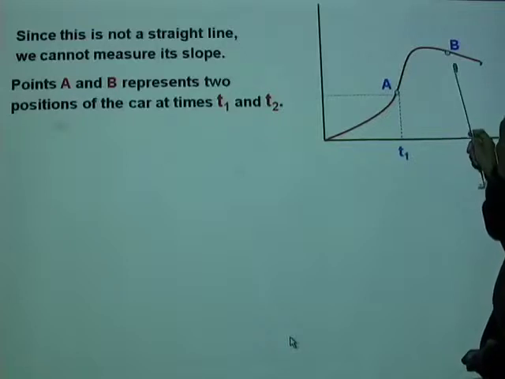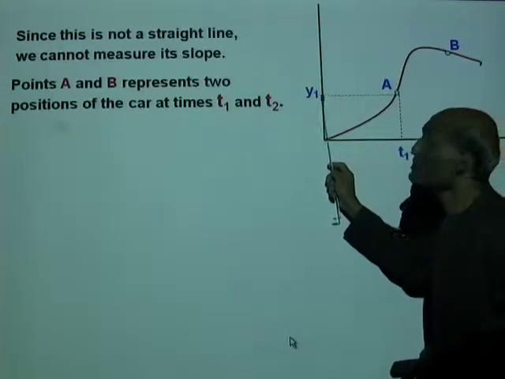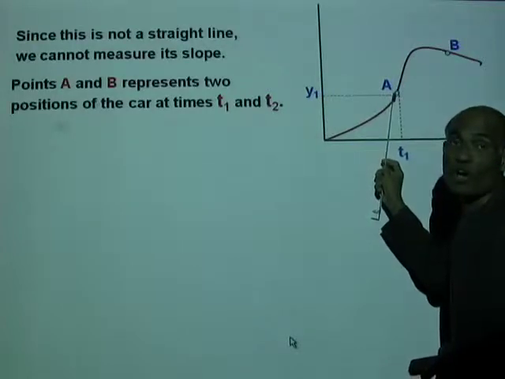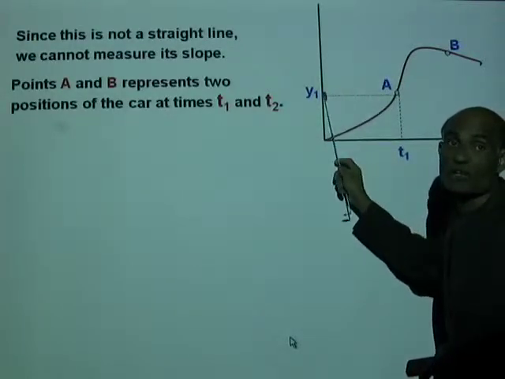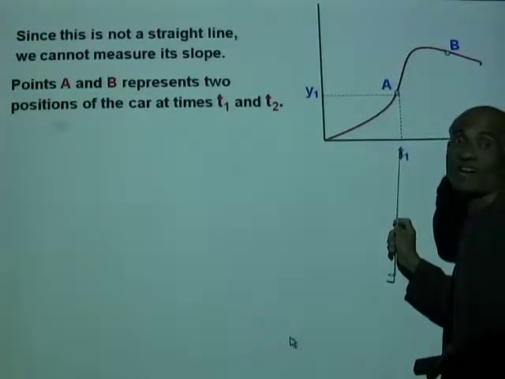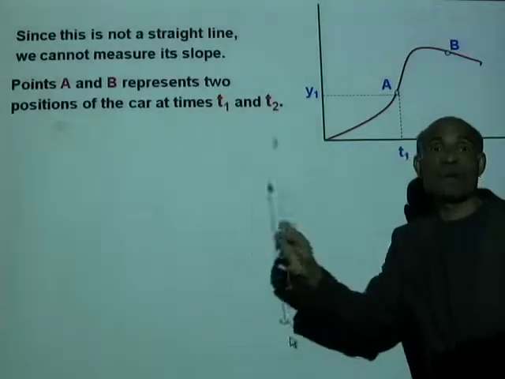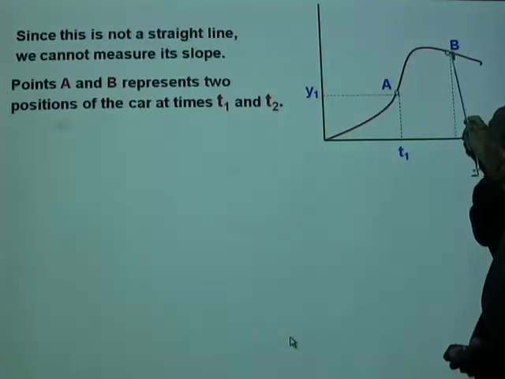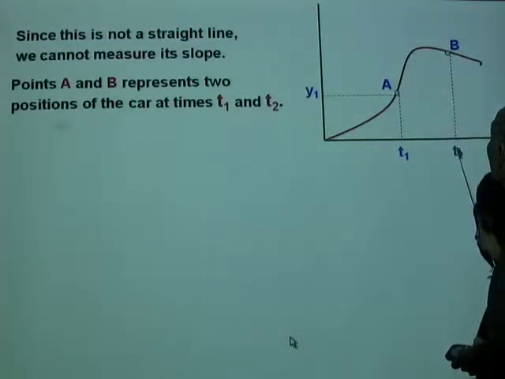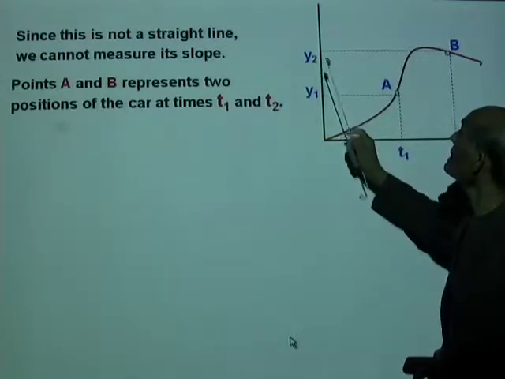When the car is at point A, the position we call y1. That means at time t1, the car is at position y1, and the car is at B at time t2, and the position we will say is y2.